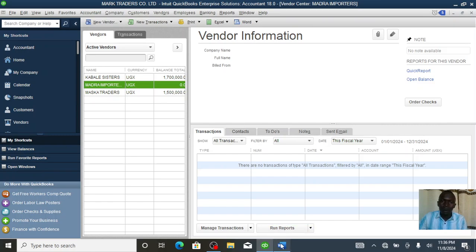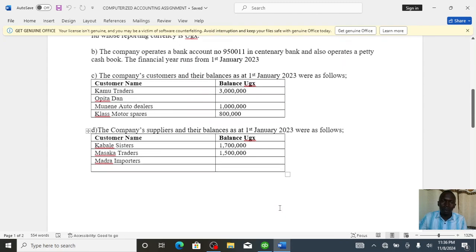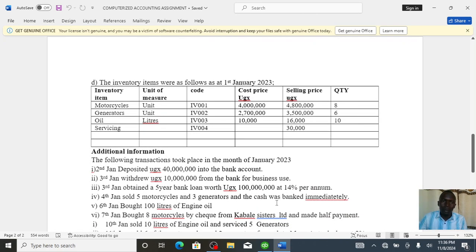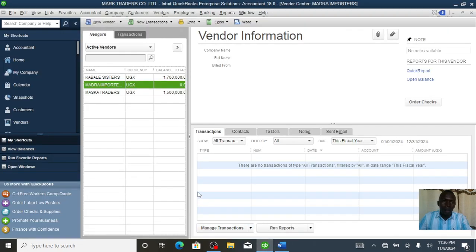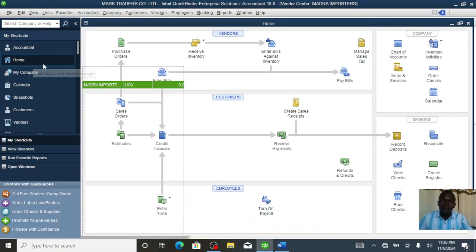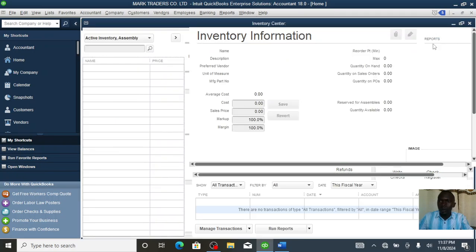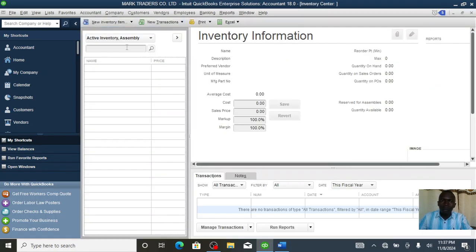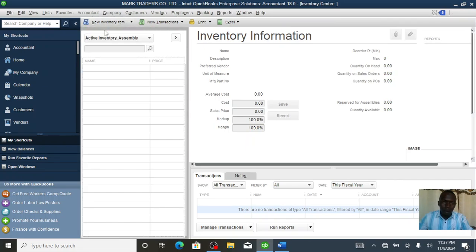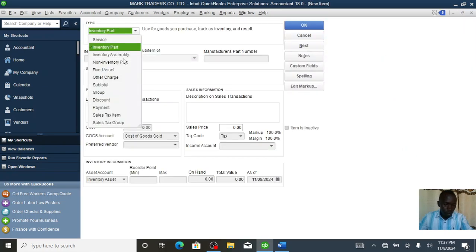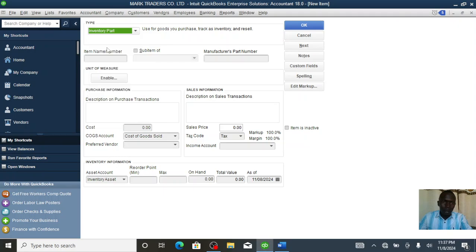So we go back to the question. Our next part is about inventory items. So go back to our QuickBooks. We go home. So we go to inventory activities and new inventory item. We input them. So it is the inventory part.